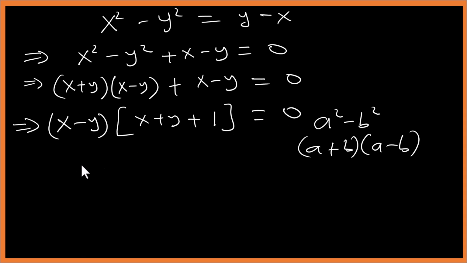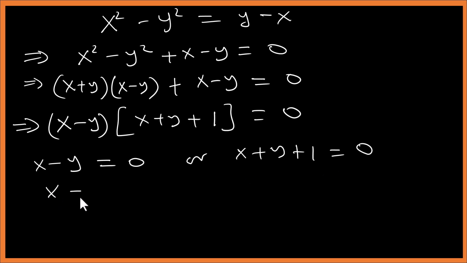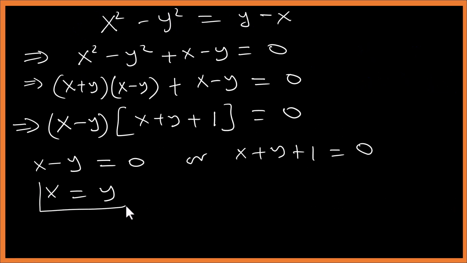So with the zero product, x minus y equals 0, or x plus y plus 1 equals 0. So we have x equals y. Now remember, x can never be y. It's a condition in the question, so this one is rejected.